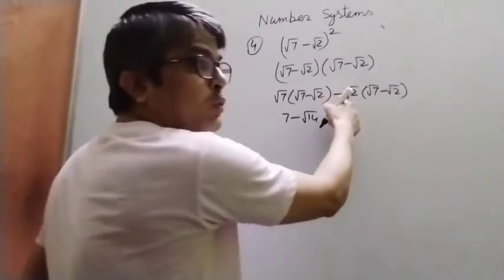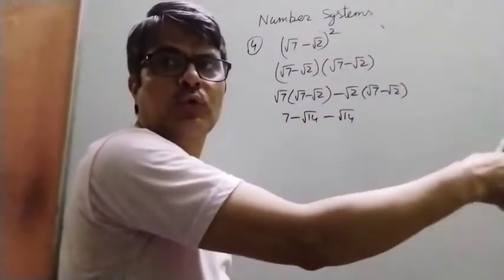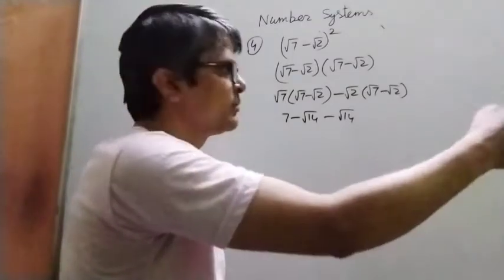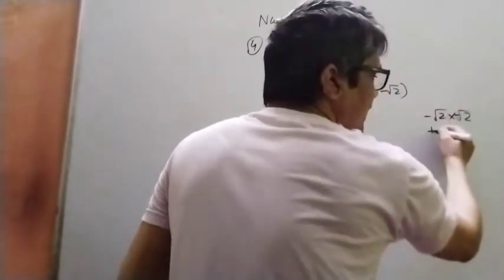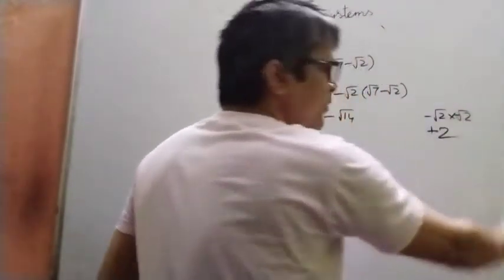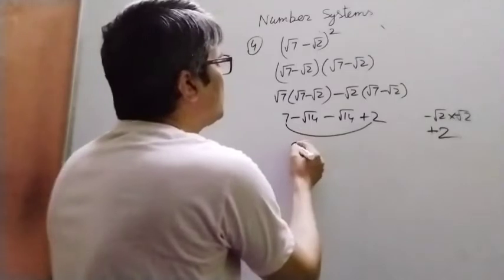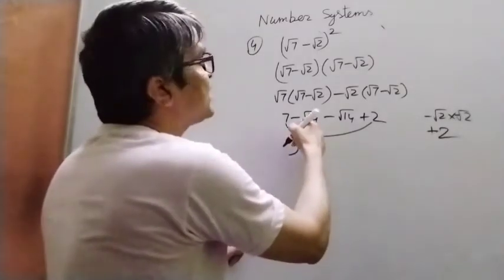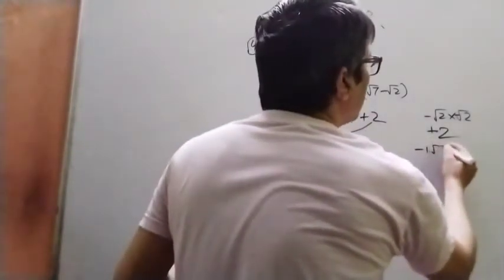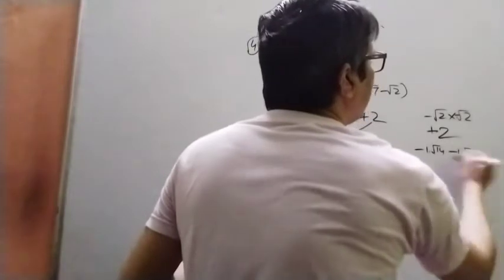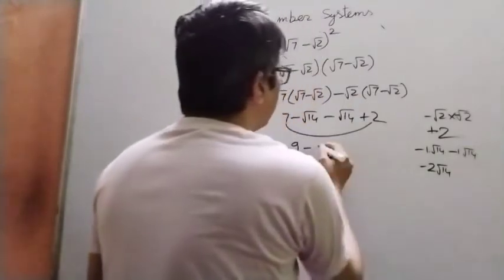And minus root 2 into minus root 2, plus root 2 into root 2, plus. 7 plus 2 is 9, and minus 1 root 14 minus 1 root 14 means minus 1 root 14 minus 1 root 14, minus 2 root 14.